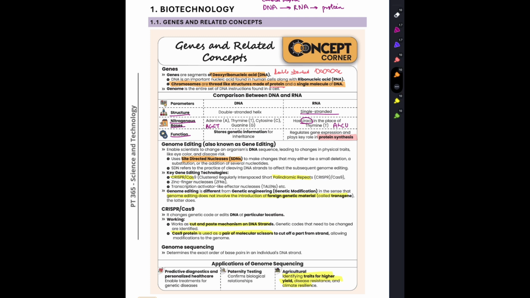The key gene editing technologies are CRISPR-Cas9, the most prominent technology right now. CRISPR-Cas9, the full form of which is clustered regularly interspaced short palindromic repeats. So a palindrome is basically a sequence that reads the same in both directions. For example, a number that remains the same when its digits are reversed.